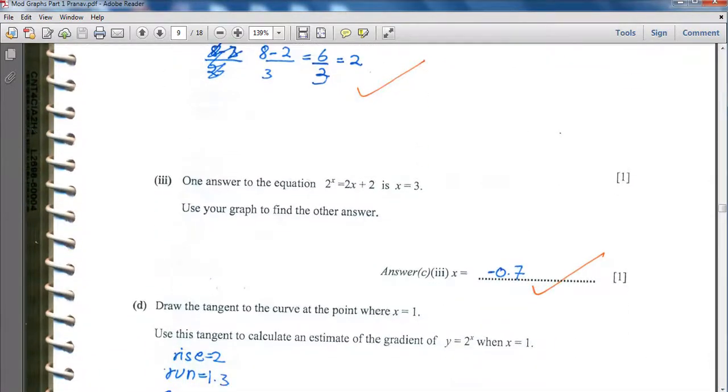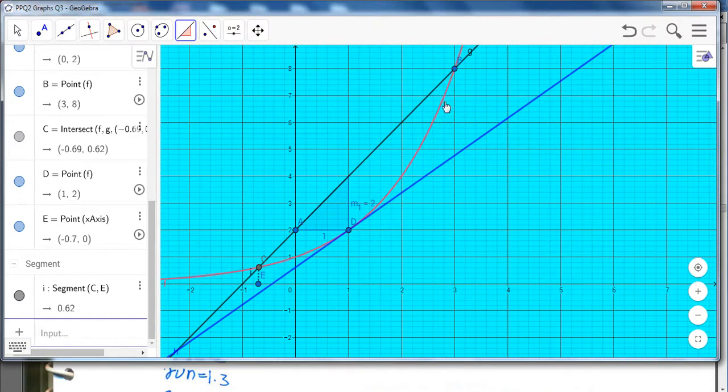So let's look at the graph. The intersection of this pink color curve and the black color line essentially does happen at 2 points. One is this point, and that's the other point, point C. So for point B, we already know that the solution lies at x is equal to 3 and y is equal to 8.